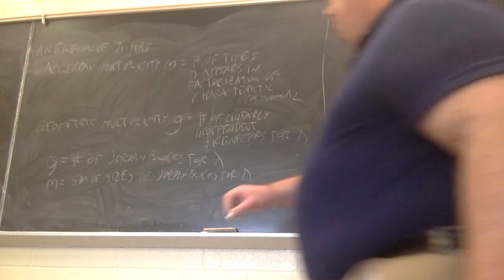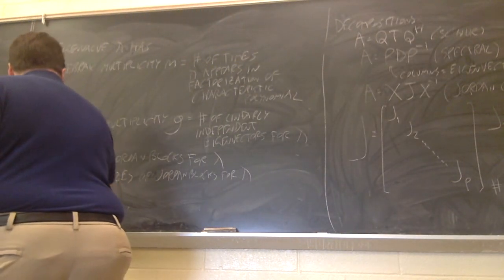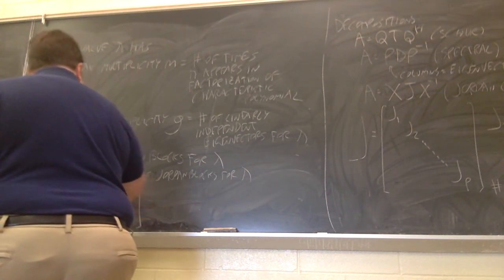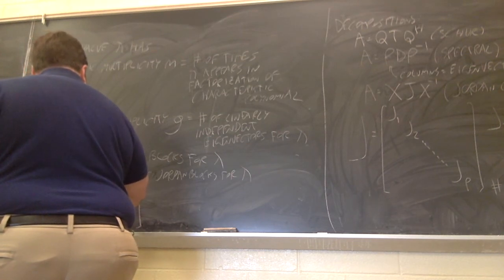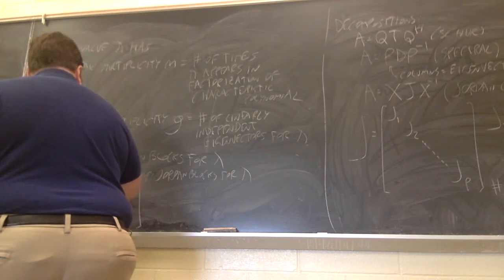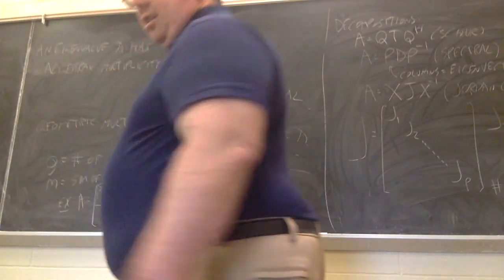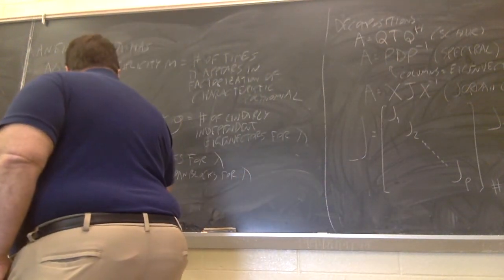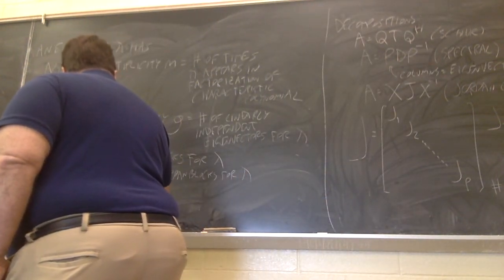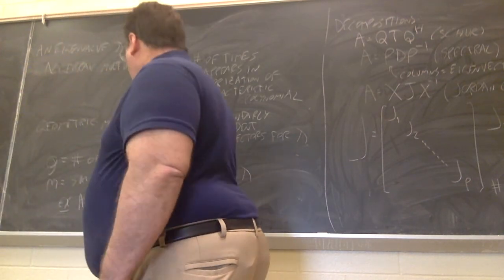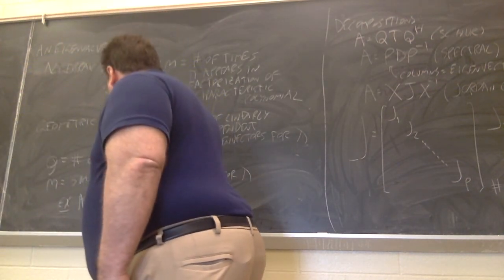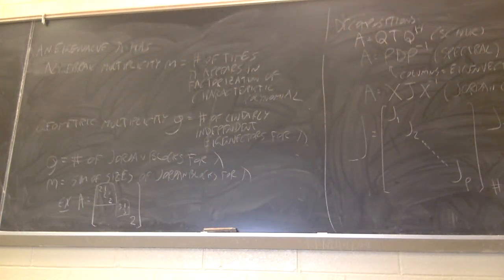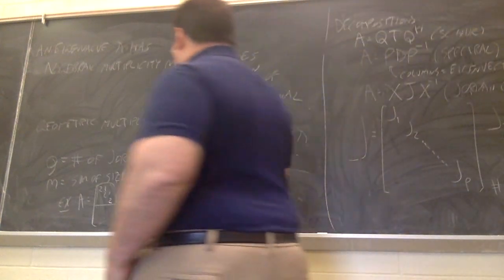So as an example, suppose I have eigenvalue 2 with a 3 by 3 Jordan block, and then I have an eigenvalue 3 with a 2 by 2 Jordan block, so there's only one 1 on the superdiagonal. And then I have 2 appear again in a 1-by-1 block.